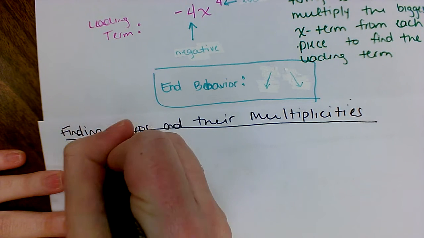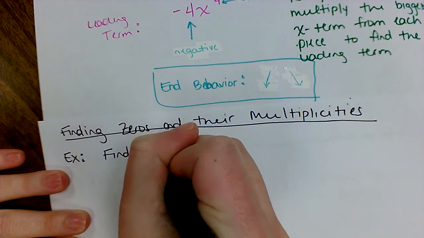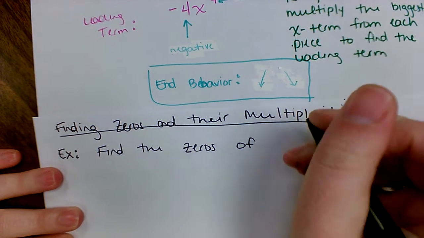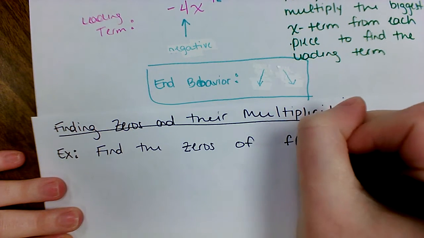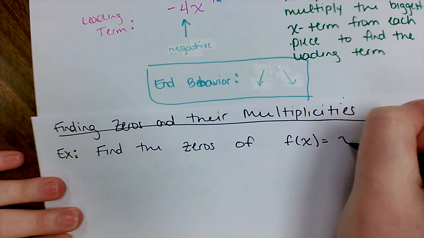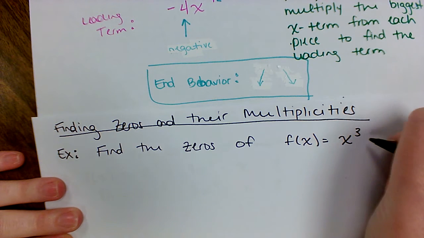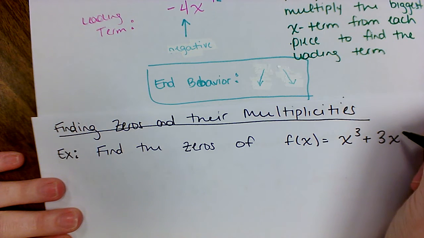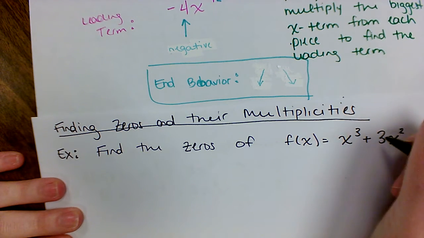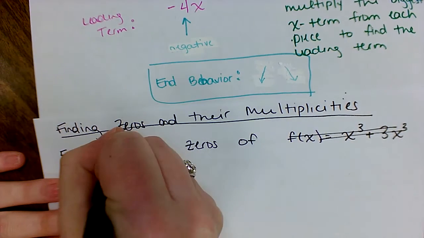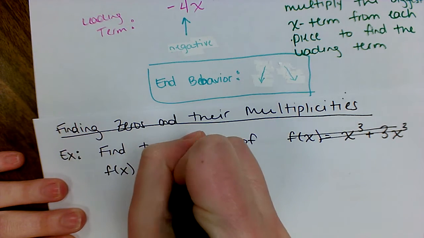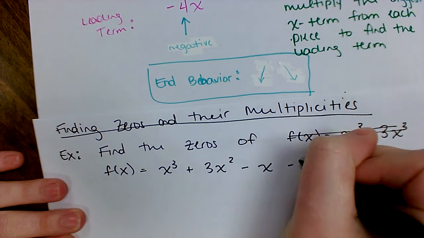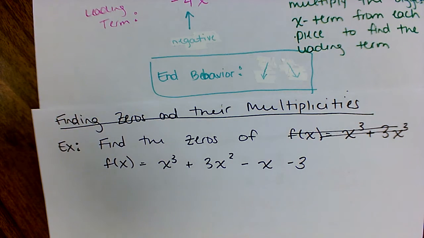So an example. F of x equals x cubed plus 3x squared minus x minus 3.